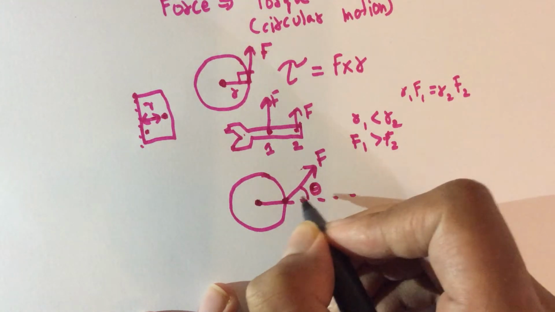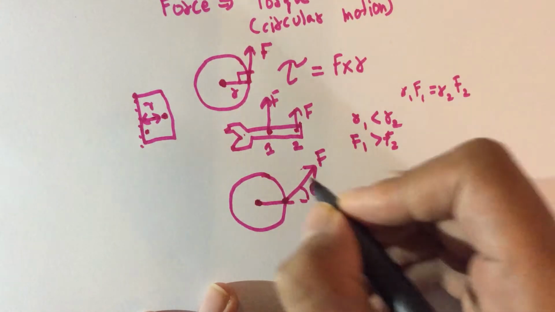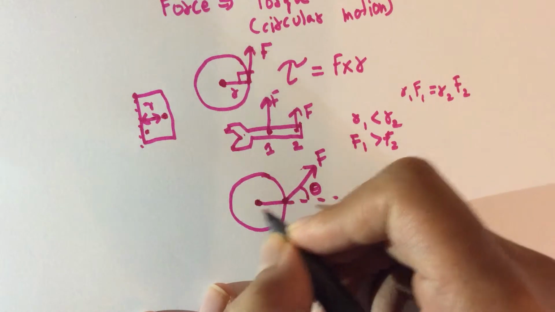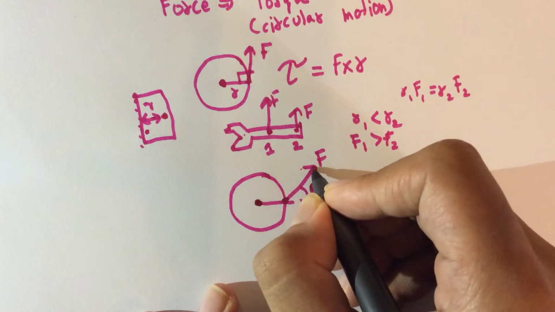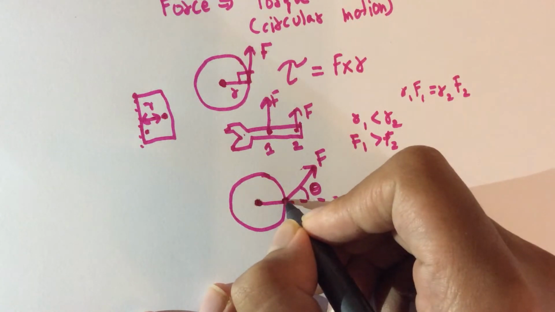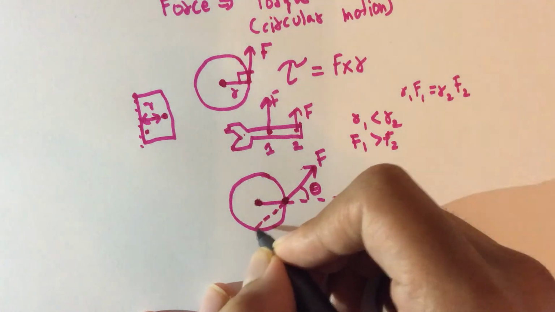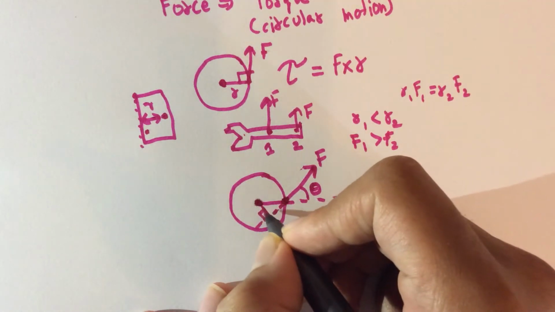Then what would be the torque? Now we need to find the distance between the center of rotation and F that is perpendicular. So we project this F backward and draw a line perpendicular. This is our new R.